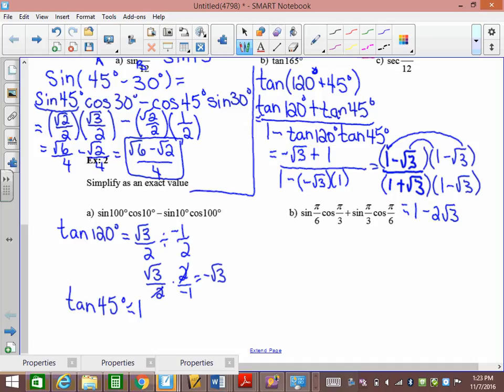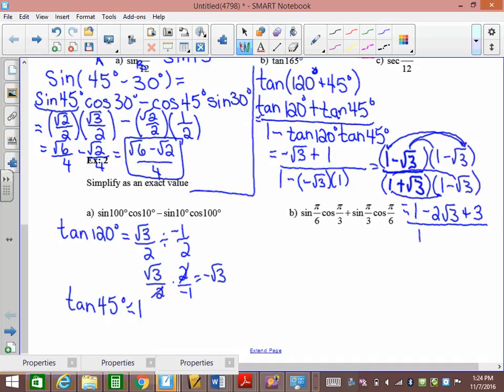Then what's negative root 3 times negative root 3? What's a negative times a negative? Positive. What's root 3 times root 3? Root 9, which is 3. And then on the bottom, you'll get 1 times 1, which is 1.